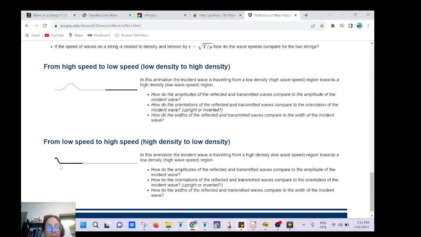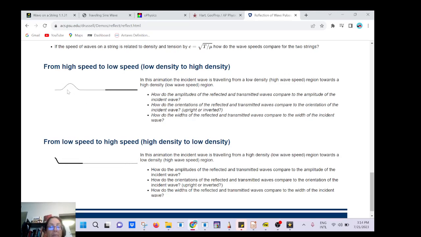This is a thick one, and the pulse is going to the thin one, so it increases the size of the pulse. So it's going to increase the wavelength, and there is even part of the wave that will be reflected. And it's the opposite in this case.